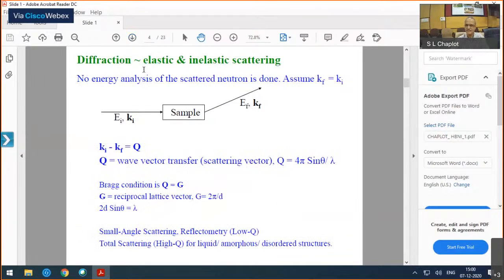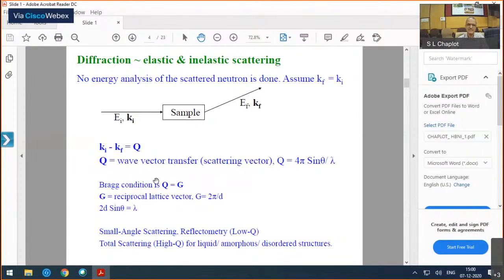For the case of diffraction, because you do not do any energy analysis of the scattered neutron beam, you just assume that the magnitude of the wave vector kf is equal to that of the incident neutron, and the change in the wave vector is denoted by q.